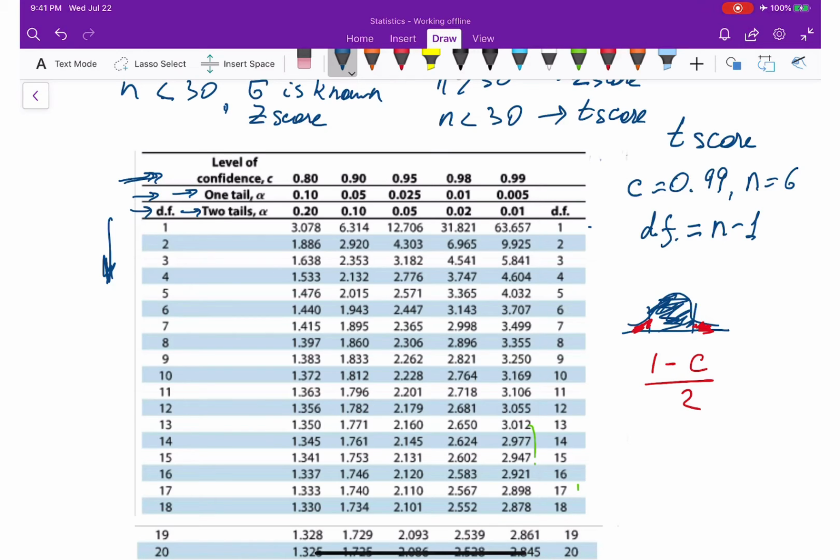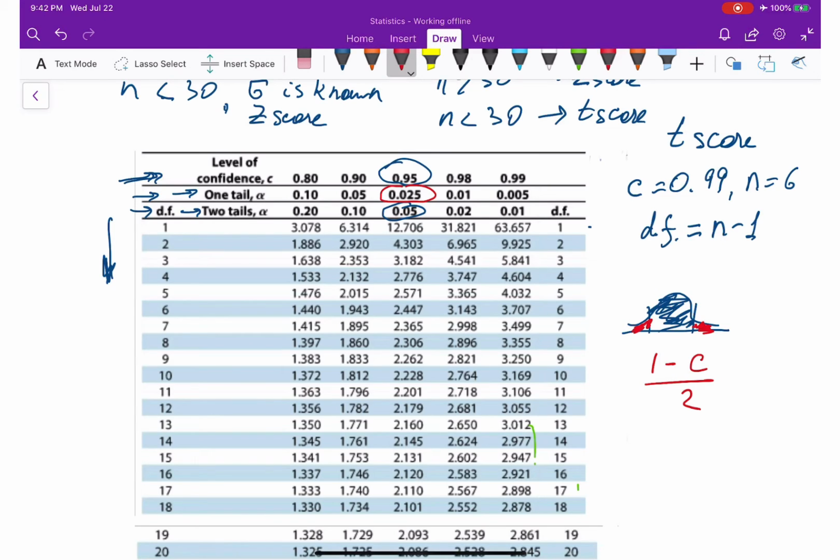If I take the confidence, let's say 0.95, and add the two tail, I would get 1, or 100%. Or this one tail multiplied by 2 and added to level of confidence, I will get 100.